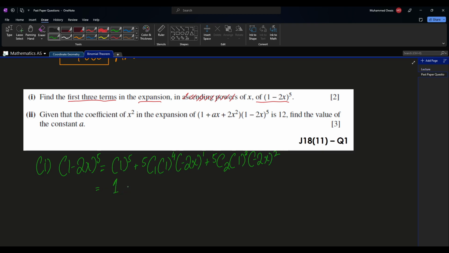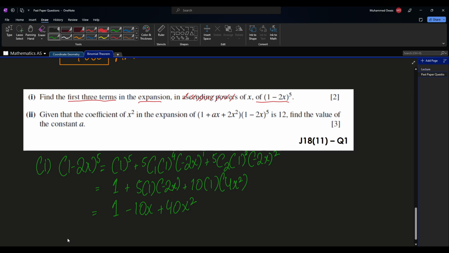This becomes 1 plus 5 into 1 into minus 2x, and this becomes 5c2. 5c2 is 10. 10 into 1 into 4x squared. So this becomes 1 minus 10x plus 40x squared. Alright, so we found the first three terms, term 1, term 2, and term 3.